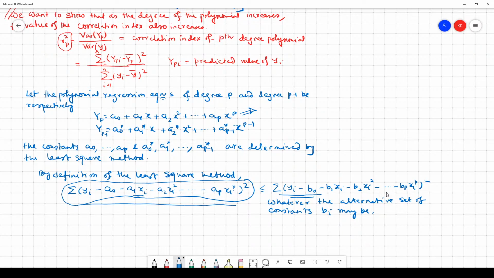This is the principle of least square method. So this is also true if we choose b0 equal to a0*, b1 equal to a1*, ..., b(p-1) equal to a(p-1)*, and bp equal to 0.